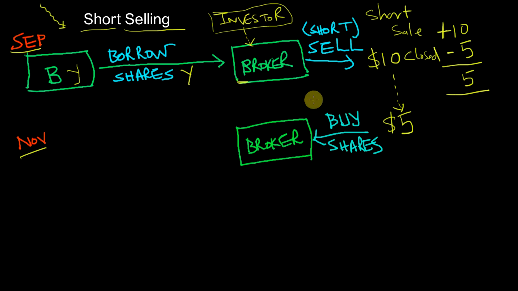Now, another thing you need to remember is that during the time of the short sale, which occurred in September and was open until November when it was closed out, let's assume somewhere in October there was a dividend of $1 on this share.